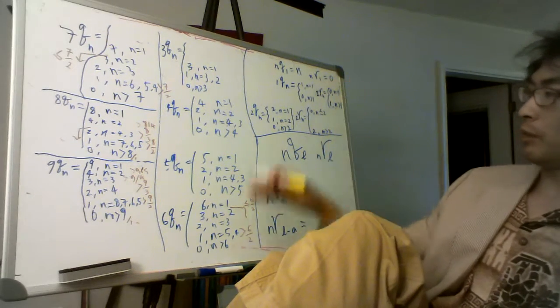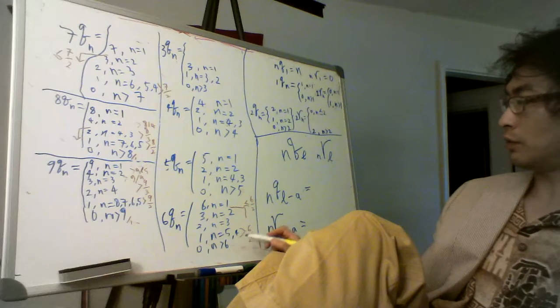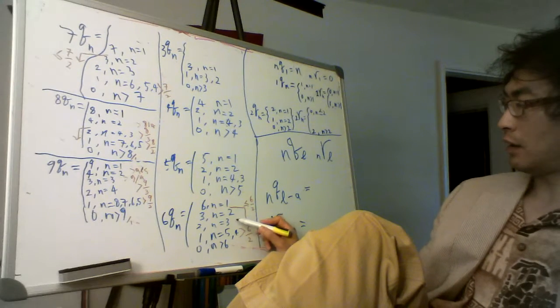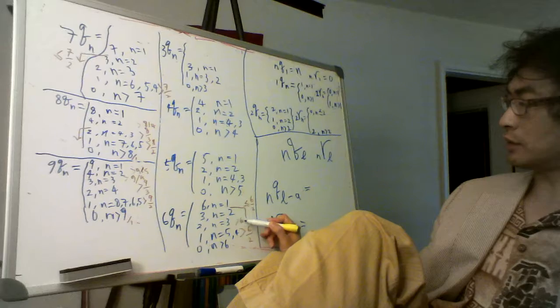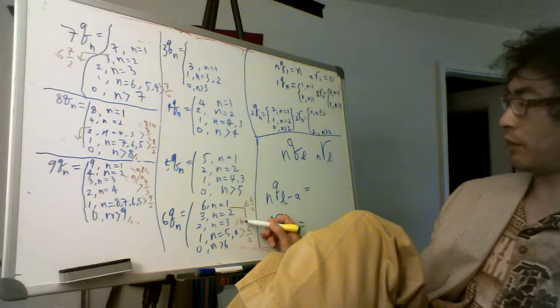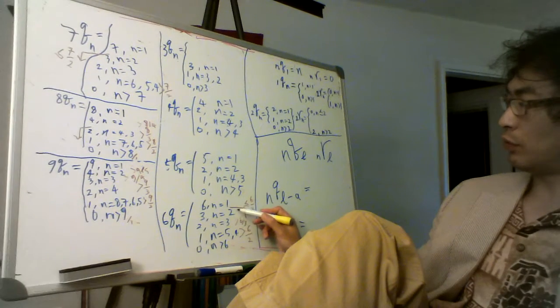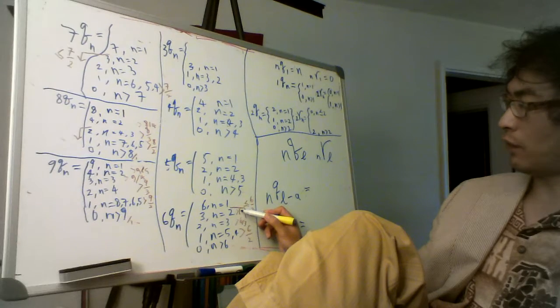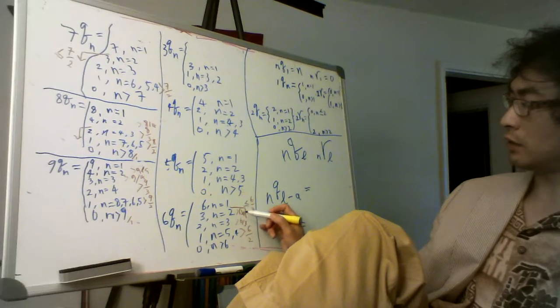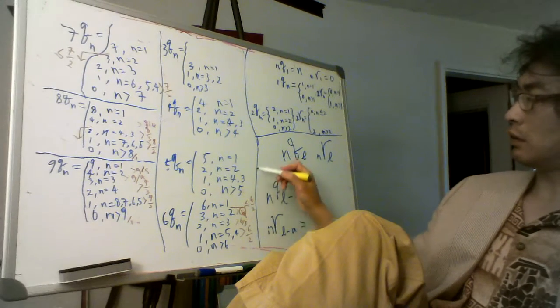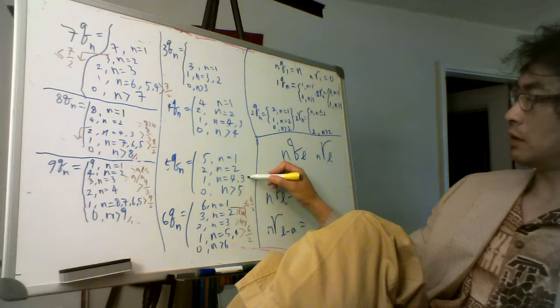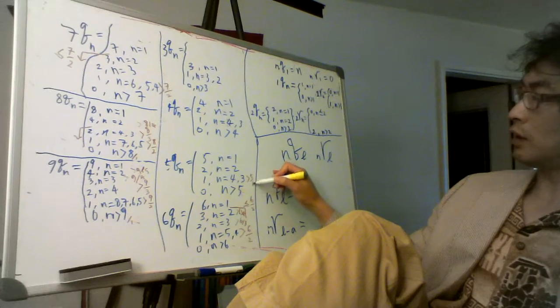Okay, we have a bunch of numbers here, so let's see. Is this guy more than 6 over 3? Yes. Is 2 more than 6 over 4? Yes. How about this? Is this guy more than 5 over 2? Yes.